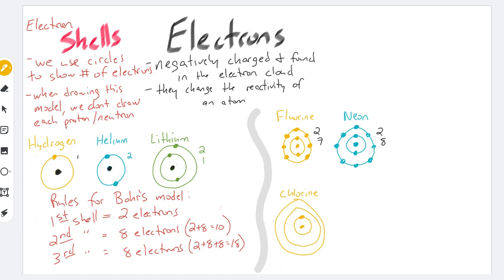Let's go ahead and try filling them. So we got 1, 2, that's the first shell, 3, 4, 5, 6, 7, 8, 9, 10. So that's 8 on that second one. It's 10 altogether. So if we're going for 17, then we know this one should have 7, is what we would expect it to have.